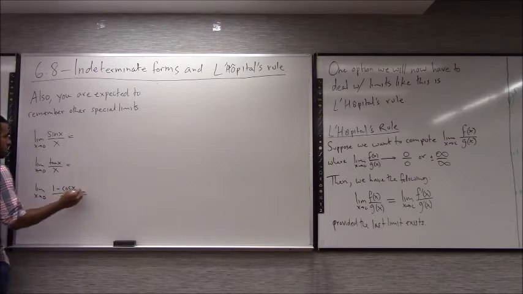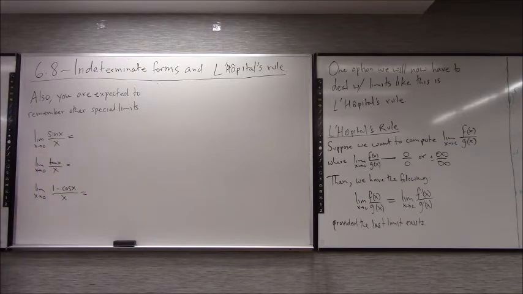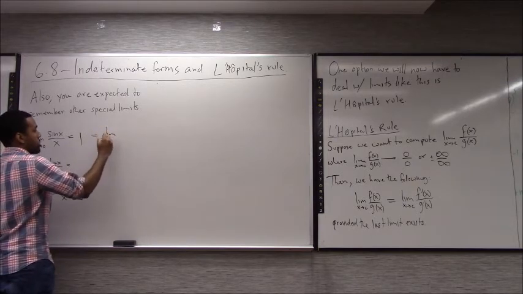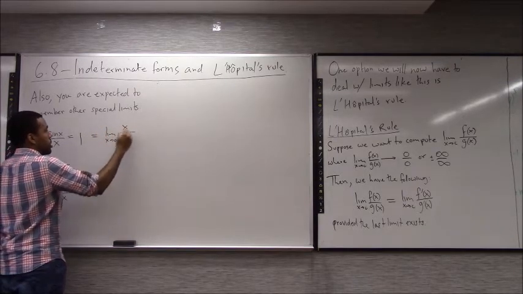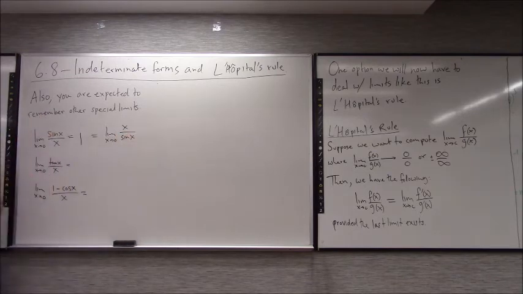Do you guys remember what these guys were? What is this guy? It's actually 1. Which, by the way, because it's 1, you can take reciprocals, so it's actually equal to the other way around.